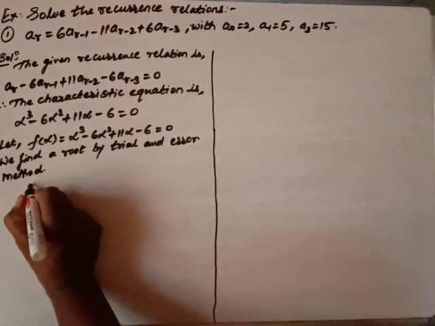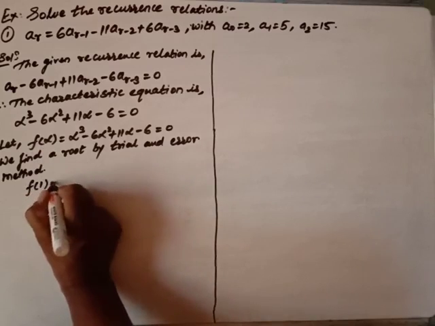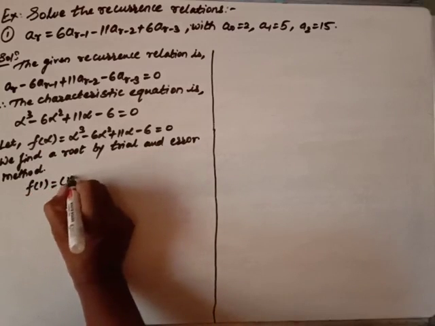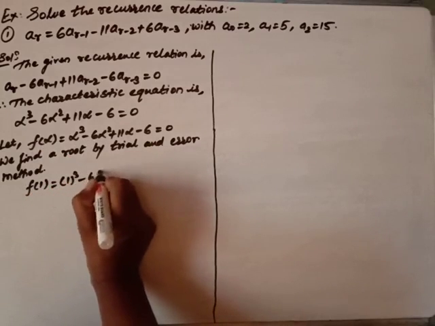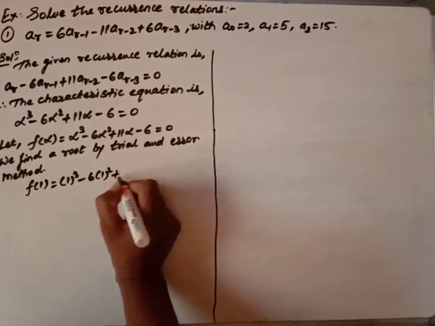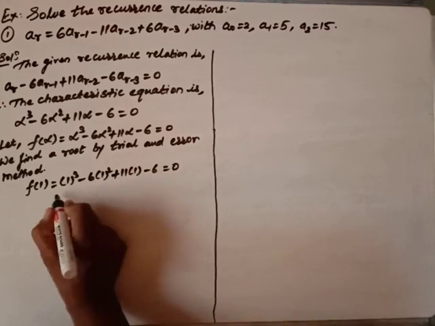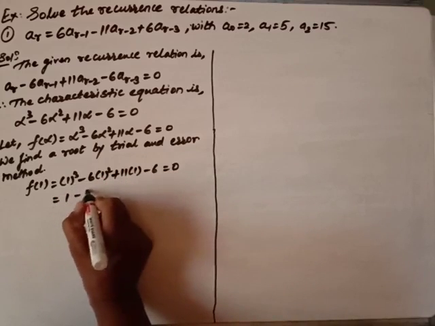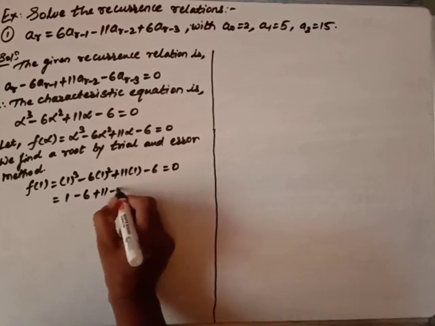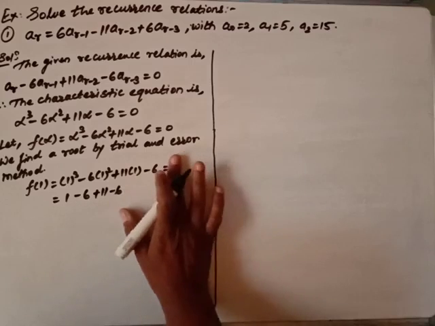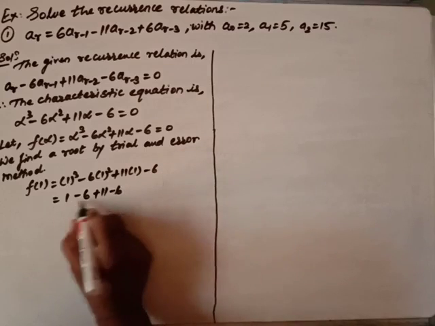The first root we will find by trial and error method. So for that, let me put first 1. So it will be 1 cube minus 6 into 1 square plus 11 into 1 minus 6, that is 1 minus 6 plus 11 minus 6. Now look at it carefully.